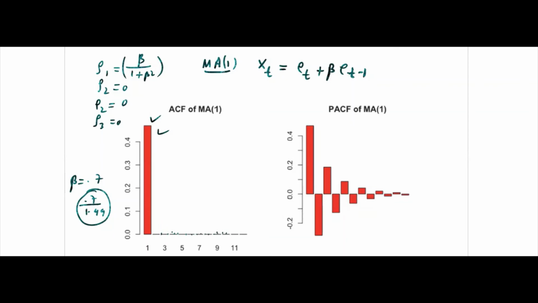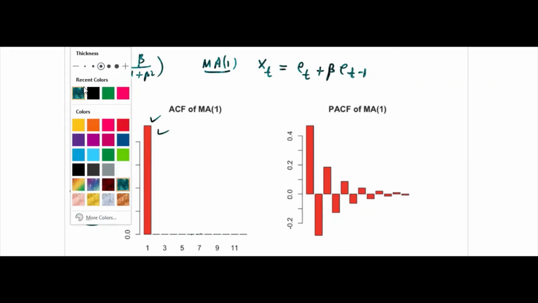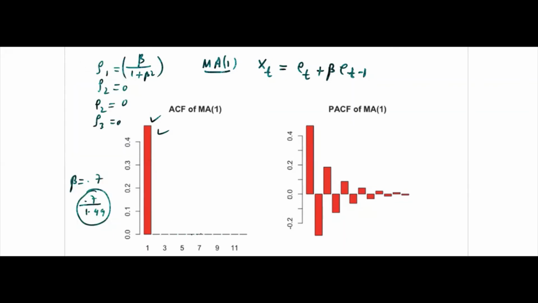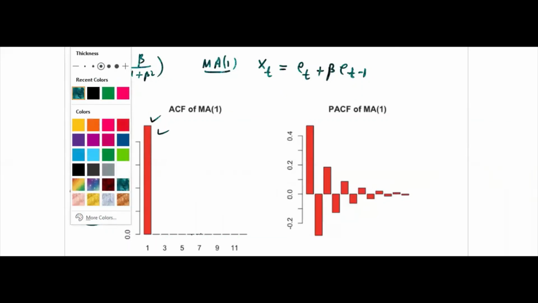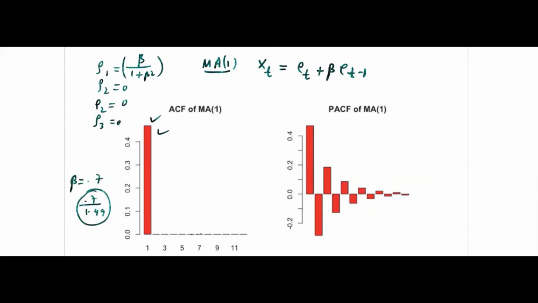In sample autocorrelation, you might not get exactly 0. Like if you toss a coin, you might not get exactly 50 heads, that is the population property. So I am talking about population autocorrelations, all exactly 0 here.